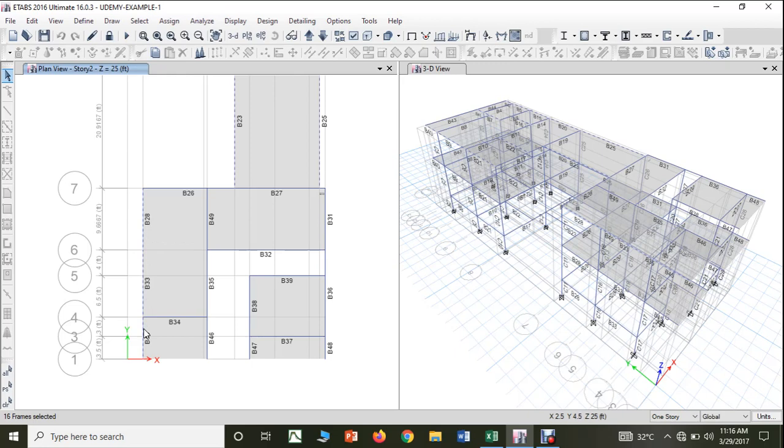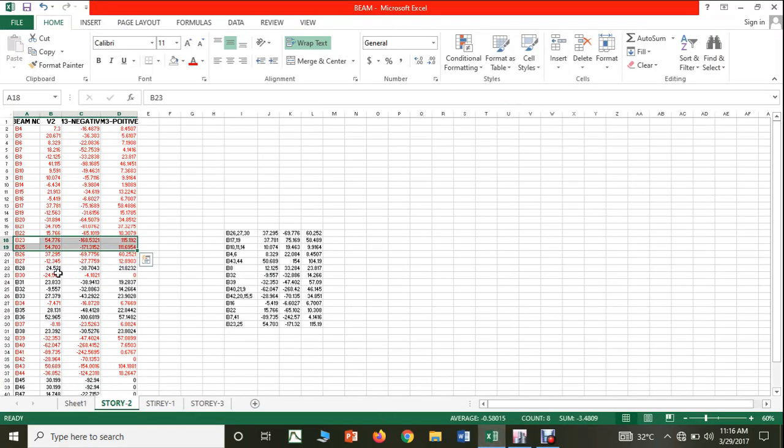The next one, you can go to beam 28, 33, 45. If you see here, out of these two the highest will be here only.